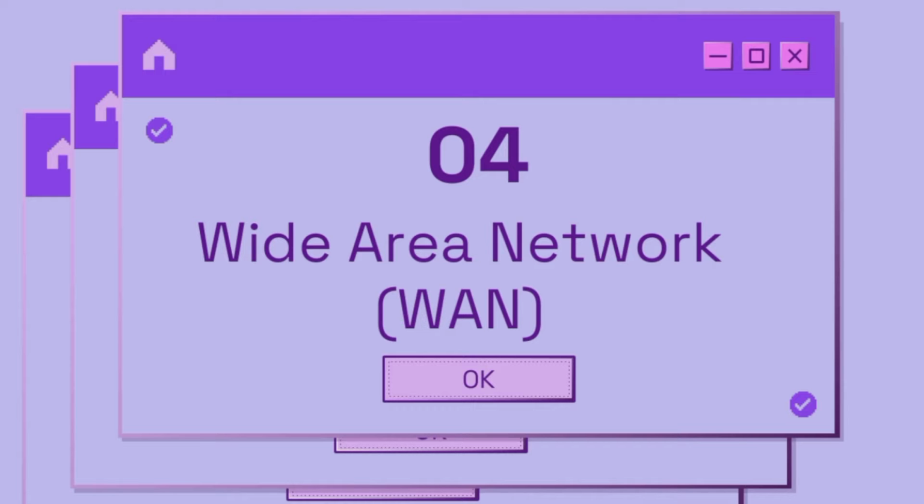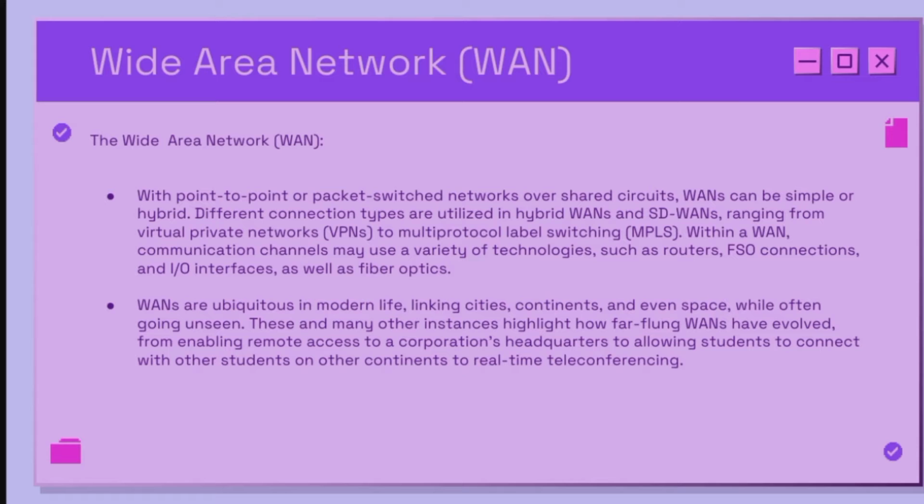A wide area network is a sort of computer networking that is not confined to any particular territory and provides access to many forms of media through a specified provider. With point-to-point or packet-switched networks over shared circuits, a wide area network can be simple or hybrid. Different connection types are utilized in hybrid ones and SD-WANs, ranging from virtual private networks to multi-protocol label switching.